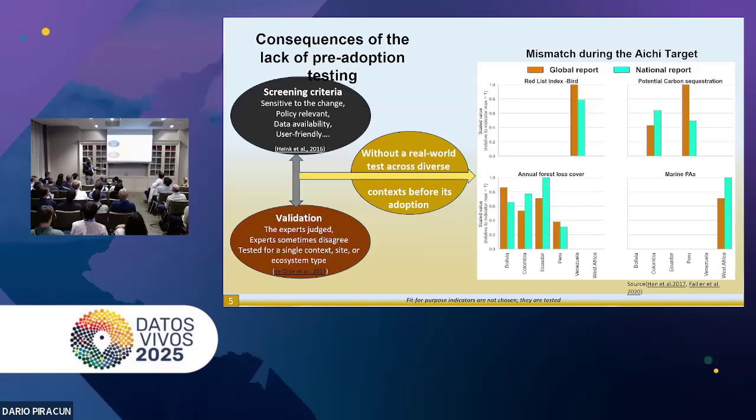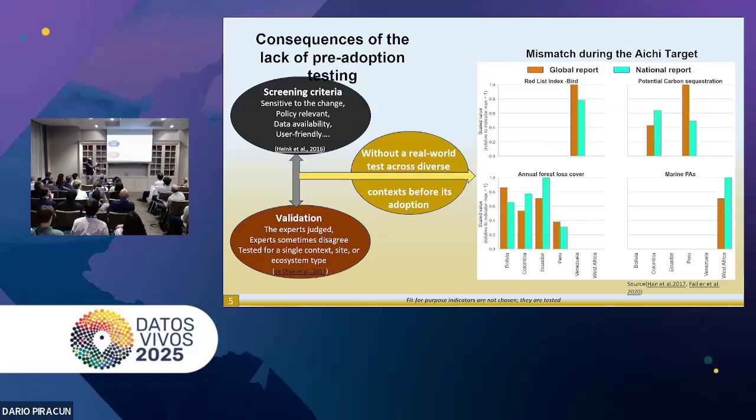We usually say we need robust indicators, which are policy relevant, data sensitive, user friendly. But when it comes to how we validate them, it's more like expert judgment. We have to remind ourselves that even in some contexts, experts disagree. And when we go to a further stage, we tend to test an indicator for just one context, one city, one site, or within one system type.